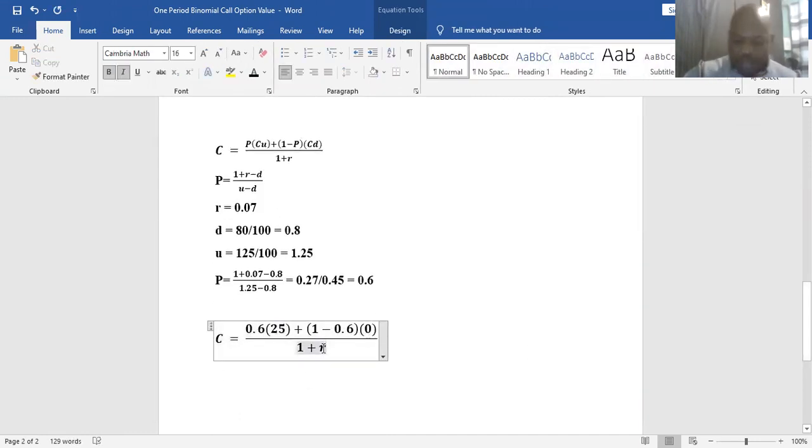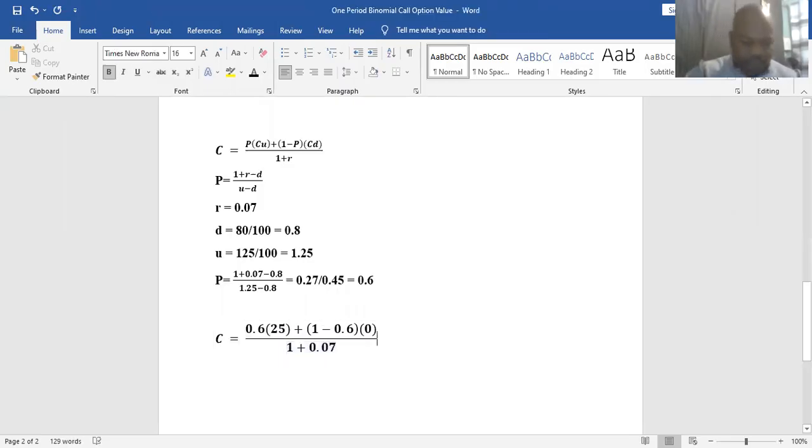Then my risk-free rate is 0.07. And then I can now calculate the possible core value, which is 0.6 multiplied by 25 gives me 15. 1 minus 0.6 gives me 0.4. 0.4 multiplied by 0 gives me 0, so I don't put anything there.